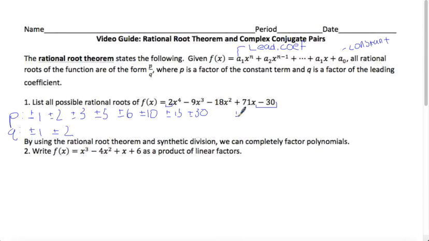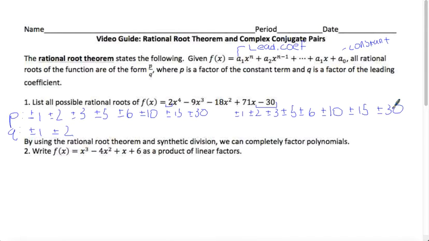Plus or minus 1, plus or minus 2, plus or minus 3, plus or minus 5, plus or minus 6, plus or minus 10, plus or minus 15, and plus or minus 30.